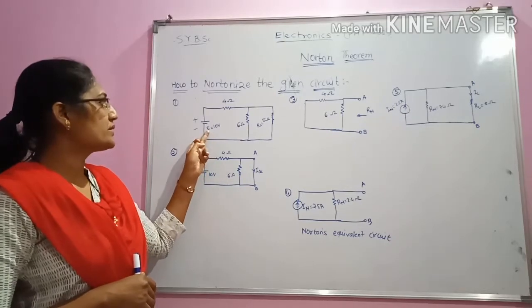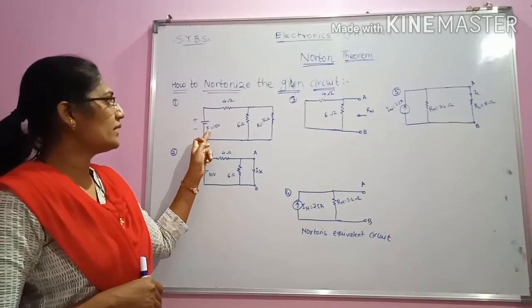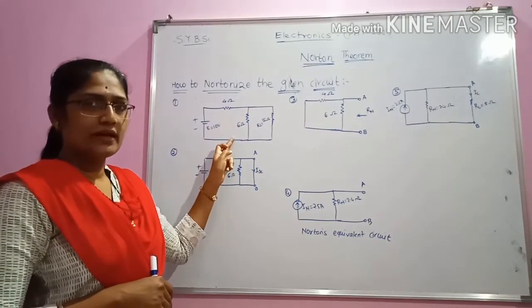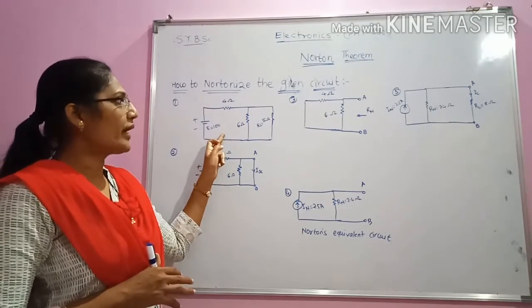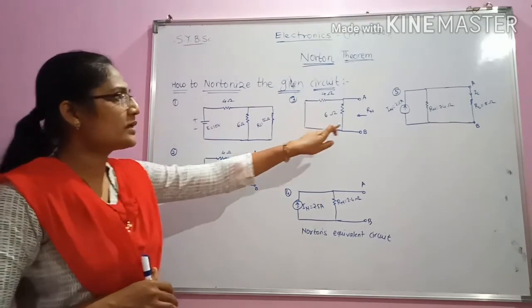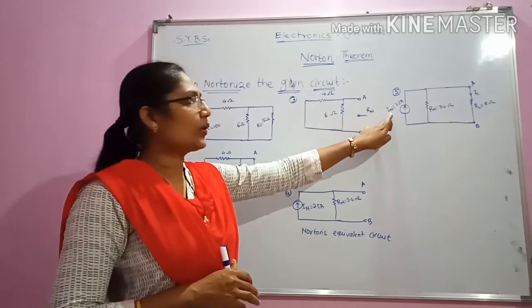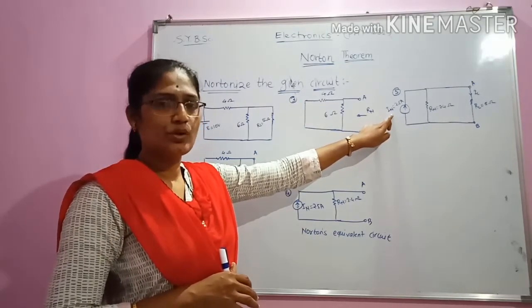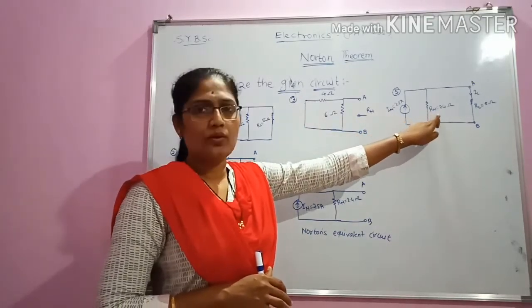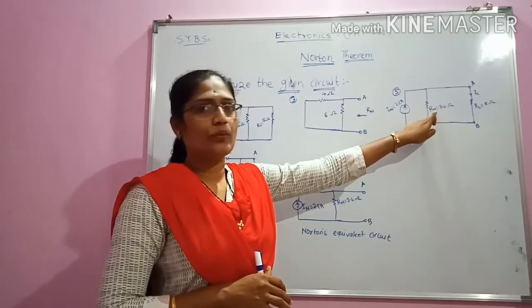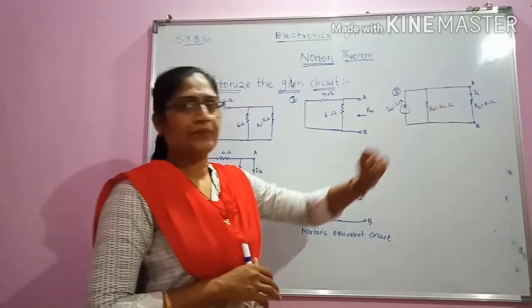We have to replace the sources, that is E, and the resistances in a complicated circuit by their Norton current, which is the short circuit current, and a Norton resistance or the equivalent resistance Rn.